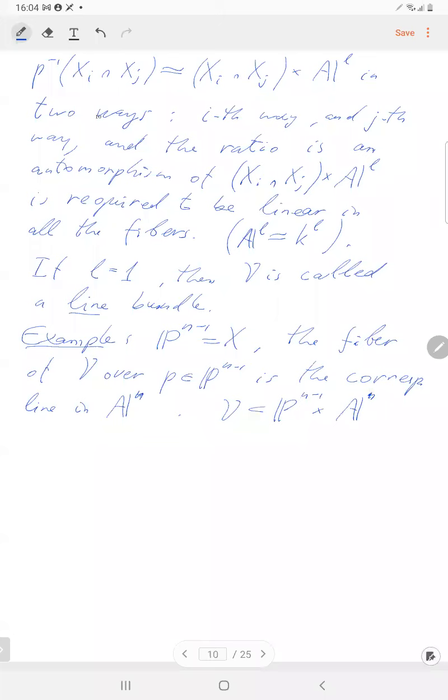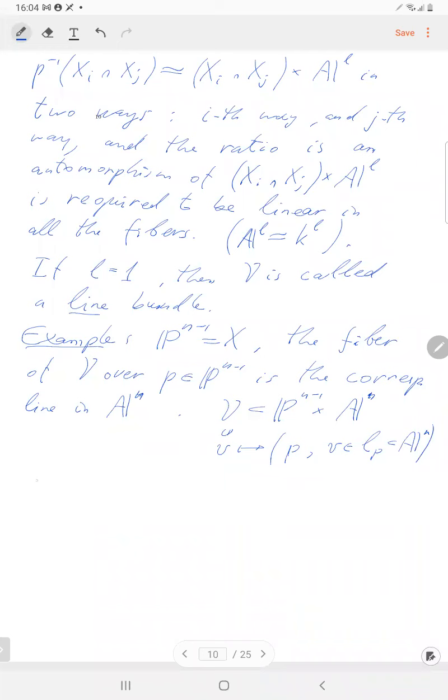So any point V here goes to the corresponding line, the point here, and this vector lies in the corresponding line in the affine space. Fine.